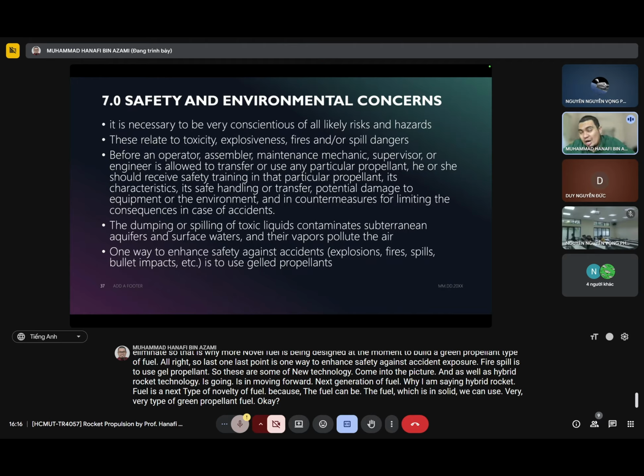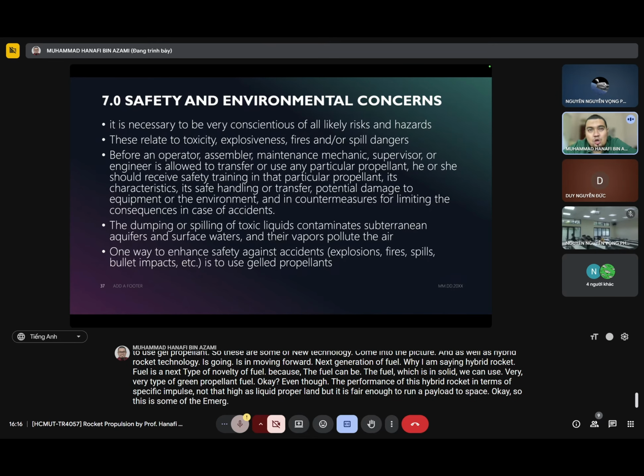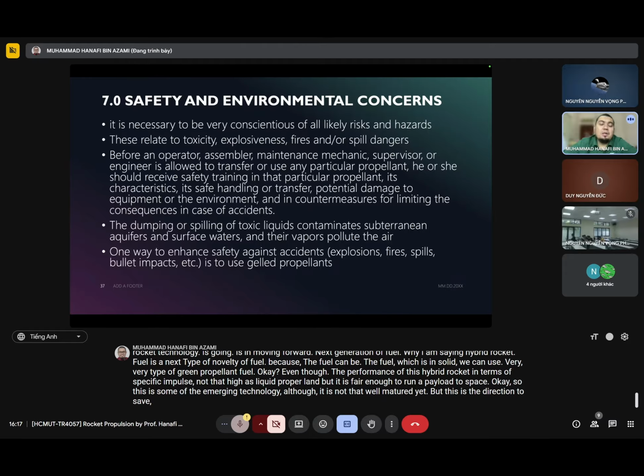Even though the performance of this hybrid rocket in terms of specific impulse is not as high as liquid propellant, it is fair enough to launch a payload to space. So this is some of the emerging technology. Although it is not that well matured yet, this is the direction to save the world.